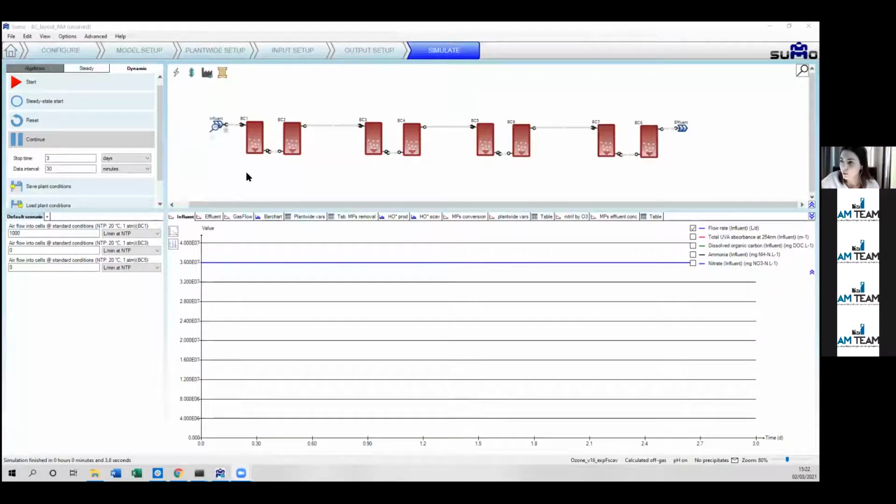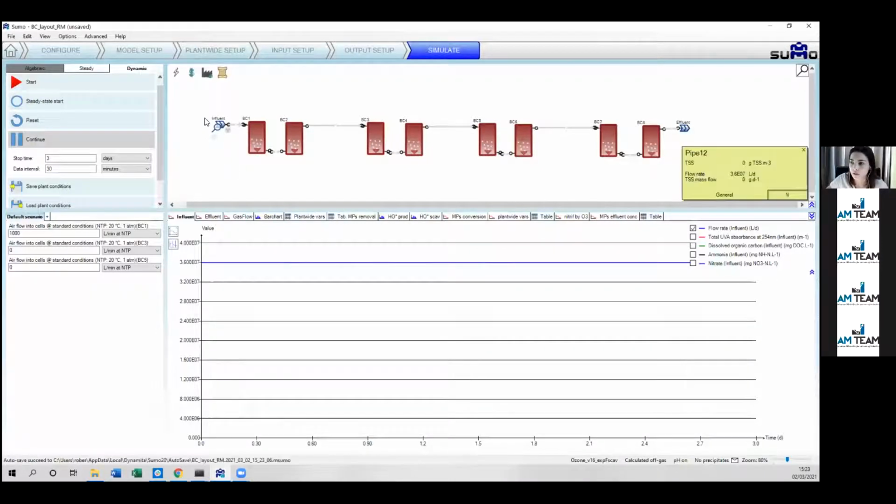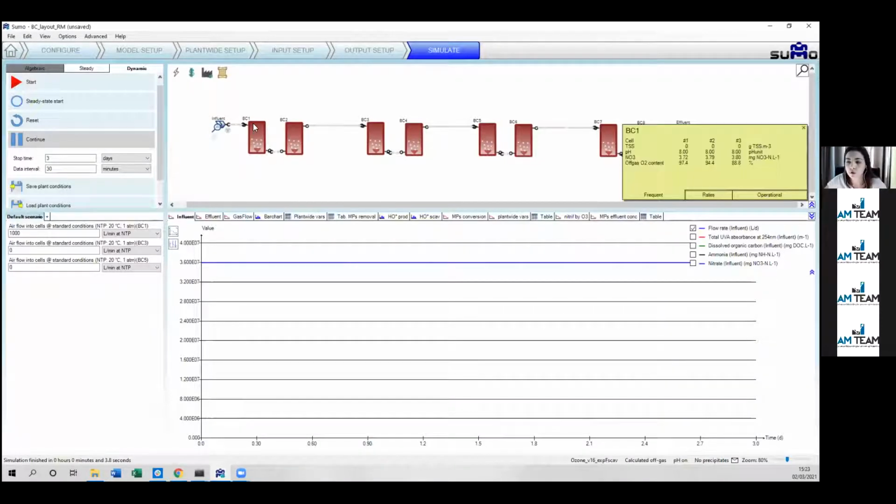In this lab demo, we'll be looking at a virtual full-scale plant. The layout is here. You can see it is a sequence of bubble columns, both current and counter current. So you have the influent here, then the flow enters the first bubble column, which is made by a small compartment.